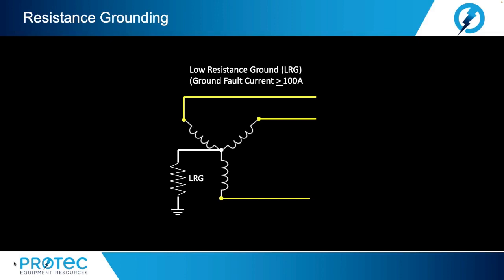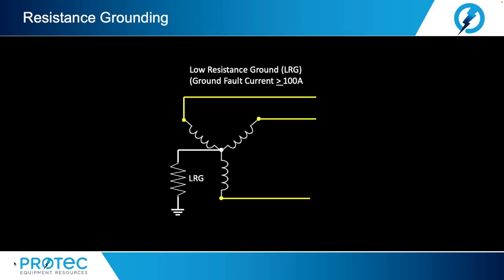Alright, let's look first at low resistance. Low resistance grounding has been selected for large electrical systems where there is a high investment in capital equipment or prolonged loss of service of equipment has a significant economic impact.